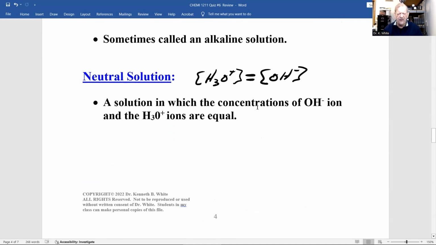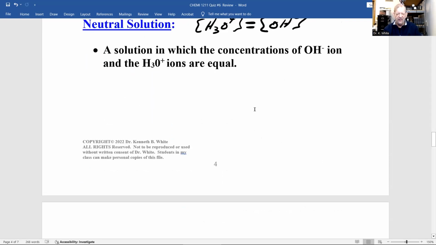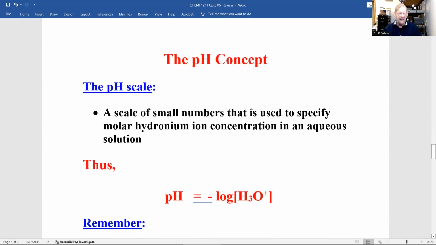Now, this is pretty hard when you're playing with concentration numbers. And good news, somebody came up with an idea called the pH scale. The pH scale is a small number used to specify the molar hydronium ion concentration in an aqueous solution.